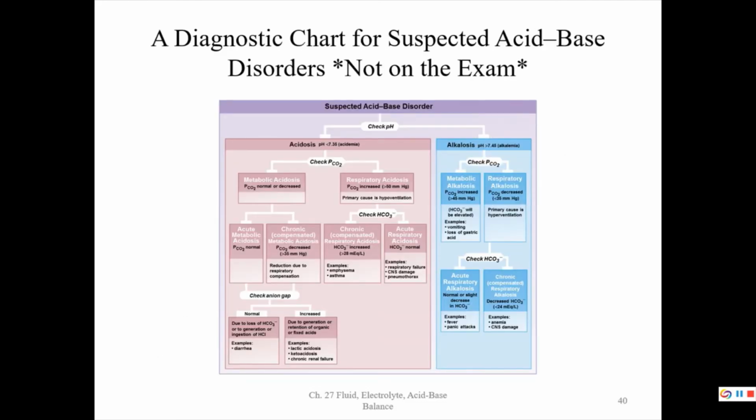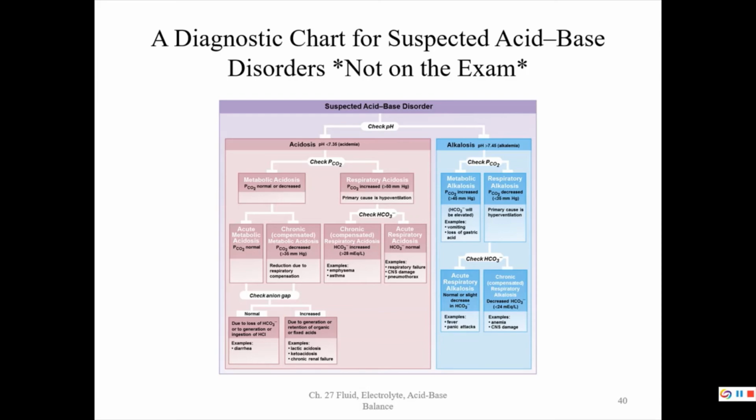This is what you would look at if you think somebody has an acid-base disorder: acidosis, alkalosis, acidemia, alkalemia. We're going to check their CO2 levels. How might we check CO2 levels? Blood gas, an arterial blood gas.